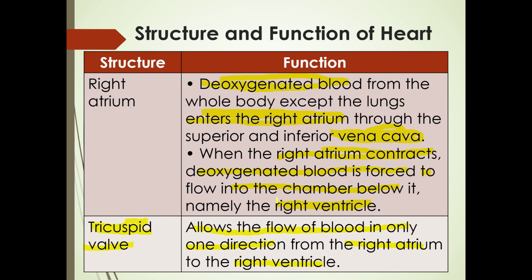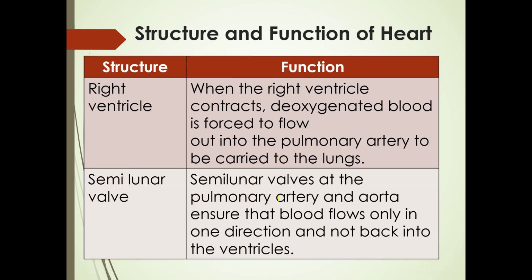Alright. So the next part, we already saw the tricuspid. Then what happens at the right ventricle? So when the right ventricle contracts, deoxygenated blood is forced to flow out into the pulmonary artery to be carried to the lung. I'll highlight it for you.